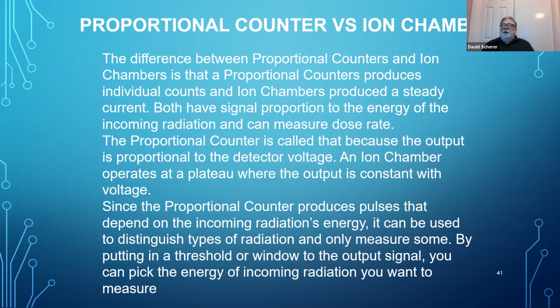Its output doesn't vary much with any variation in voltage. The proportional counter can produce pulses that are proportional to the incident radiation's energy, and so they can distinguish between types of radiation. You can tell a high energy photon or high energy beta particle from a low energy photon or beta particle.